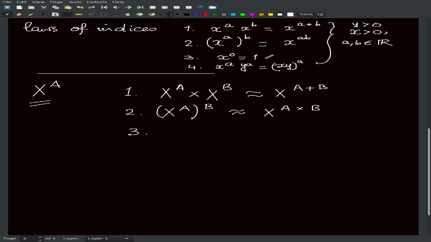And obviously another one was x to the power 1 was x. Now this is the one-point set. And this is the empty set. This is exactly 1.